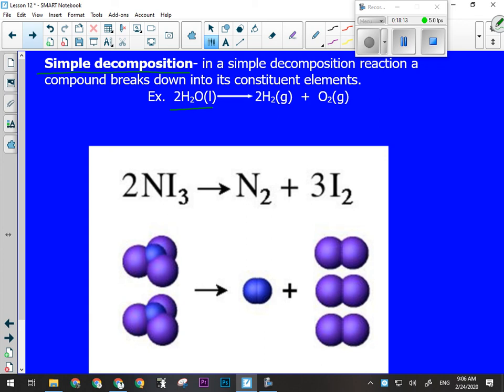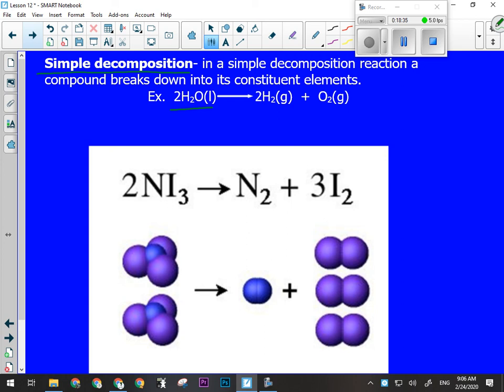Now, this second one here, we've got nitrogen triiodide, so the molecule kind of looks like this, a nitrogen in the middle with iodine around it. In this reaction, that breaks down into a molecule of nitrogen and 3 molecules of iodine. Nitrogen and iodine are some of the colored elements on your periodic table.